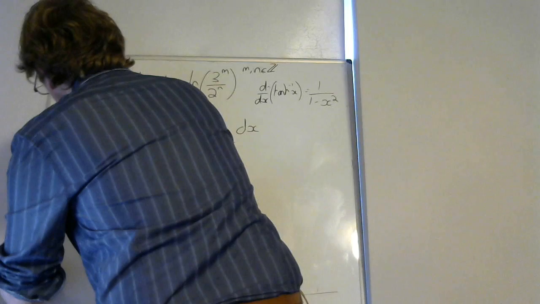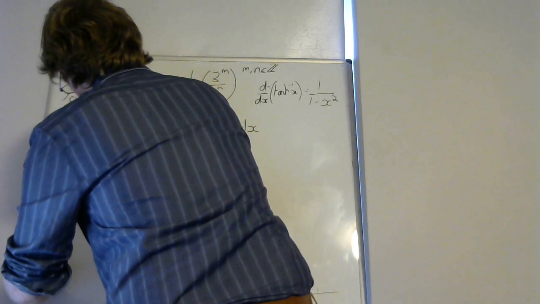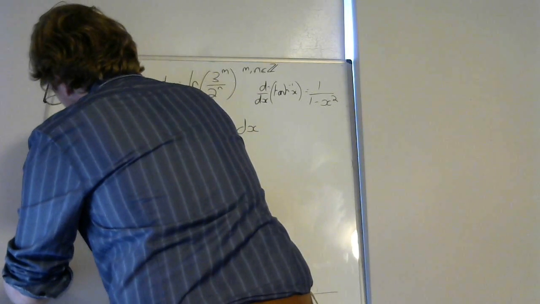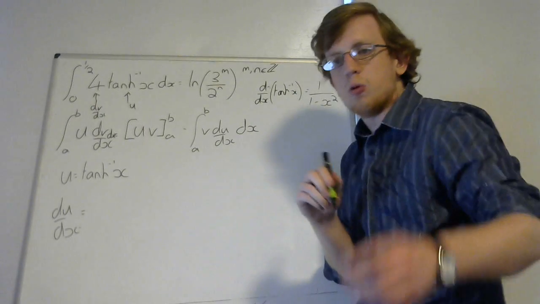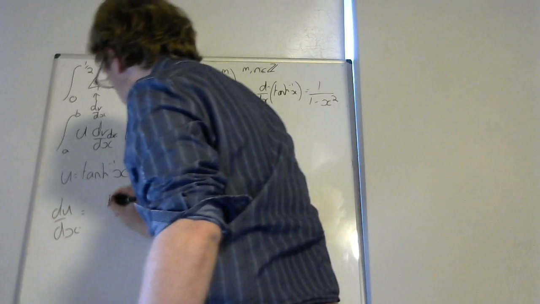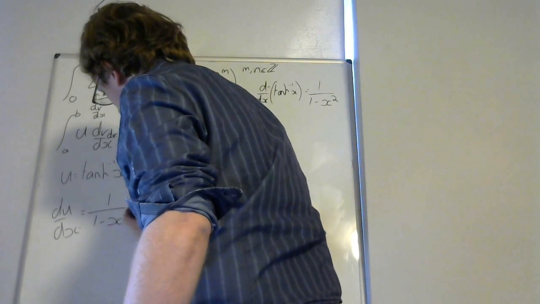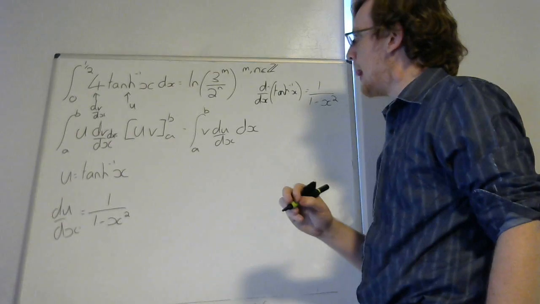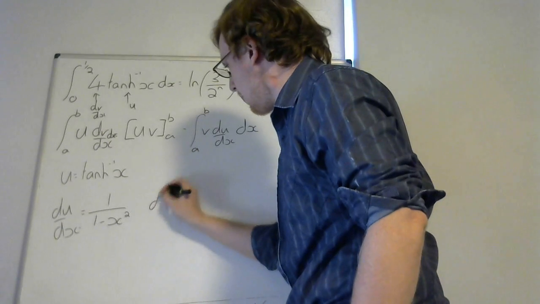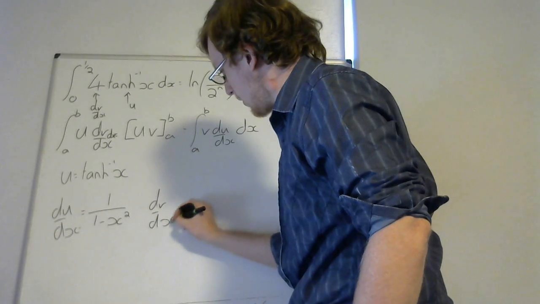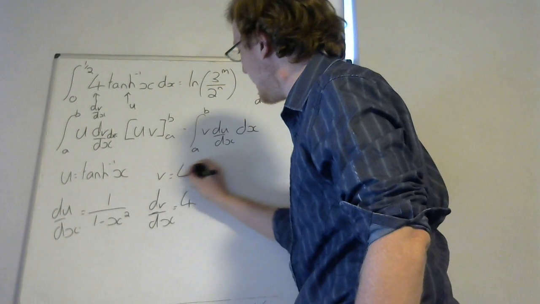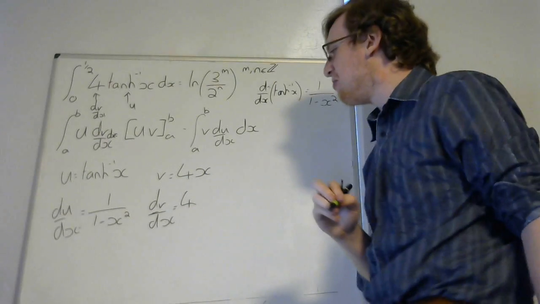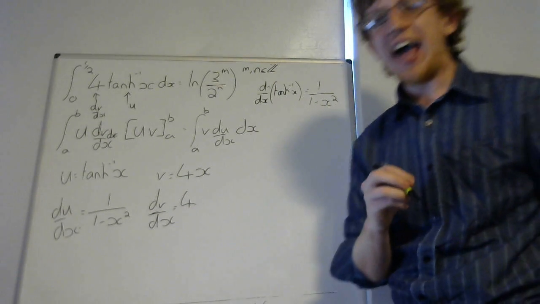So let's do that today. u is equal to tan minus 1 of x. So du by dx from part B is equal to 1 over 1 minus x squared. dv by dx is 4, and if you can't integrate that, you don't deserve to be watching the video. The integral of 4 is 4x.